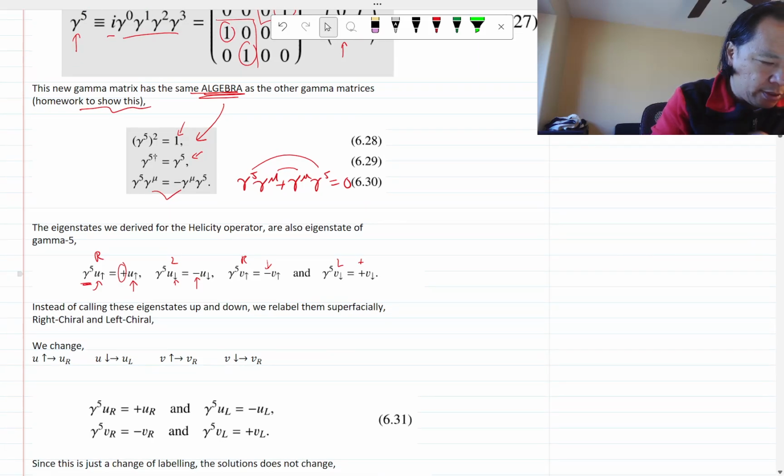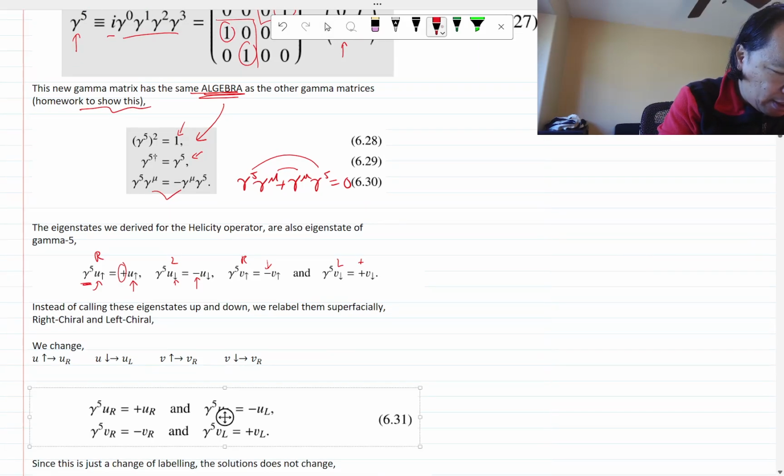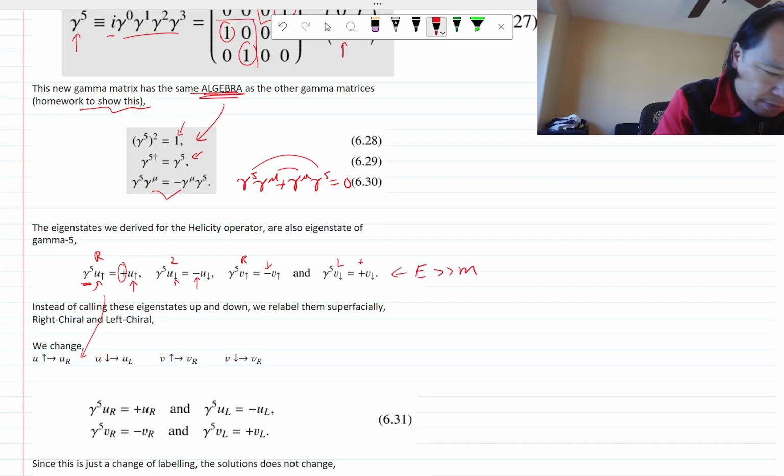So what we're going to do is change this labeling. This only works in the high energy limit, so we're going to undo that by just changing the label.